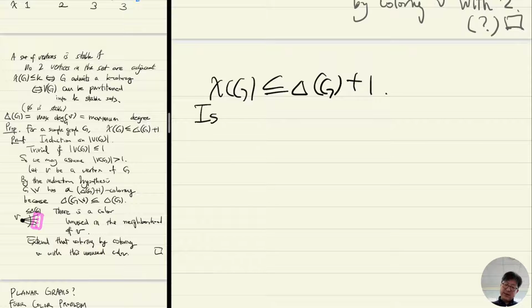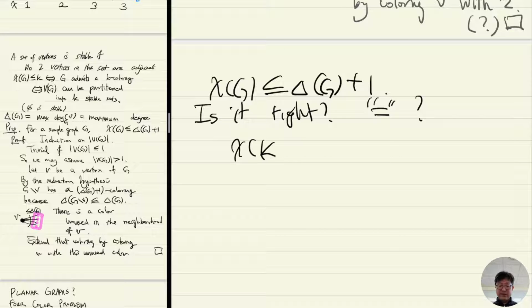But is it tight? Is it tight? When do we have equality? And of course we have equality when the graph is a complete graph, right? For complete graphs, chromatic number is n, because any pair of vertices are adjacent, and the maximum degree is n minus 1, right?